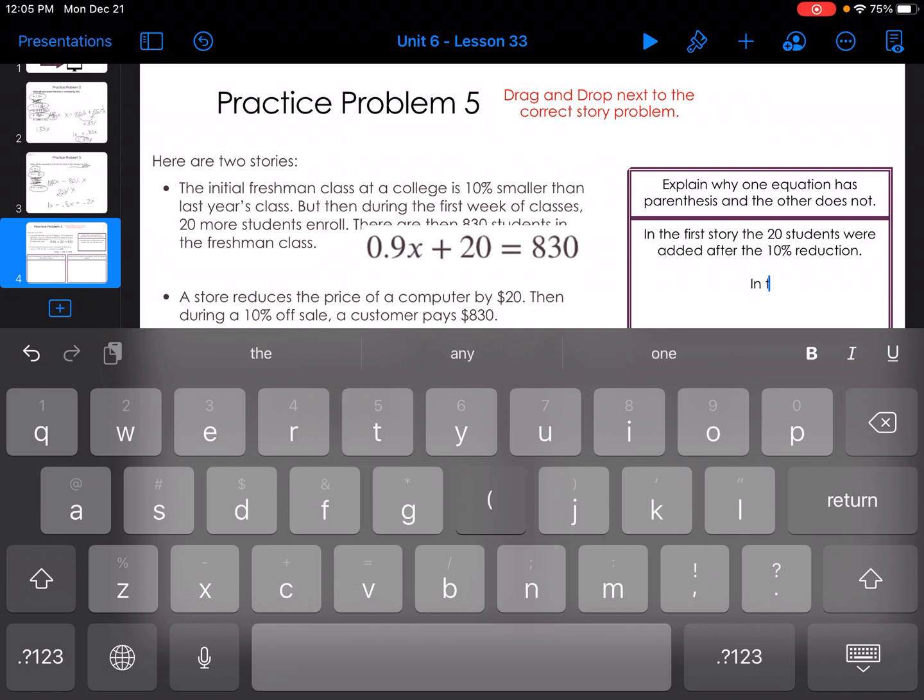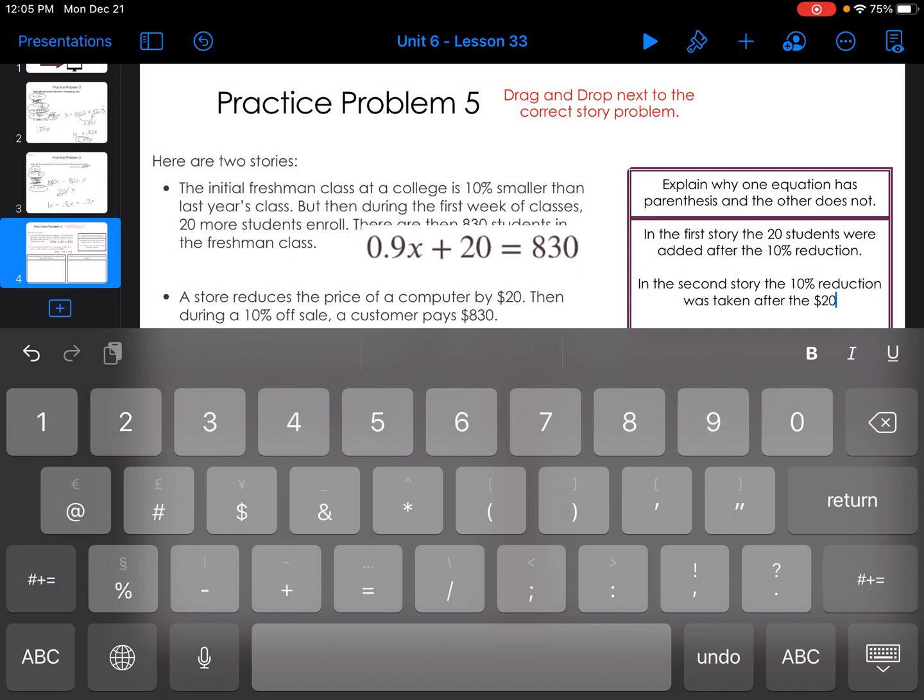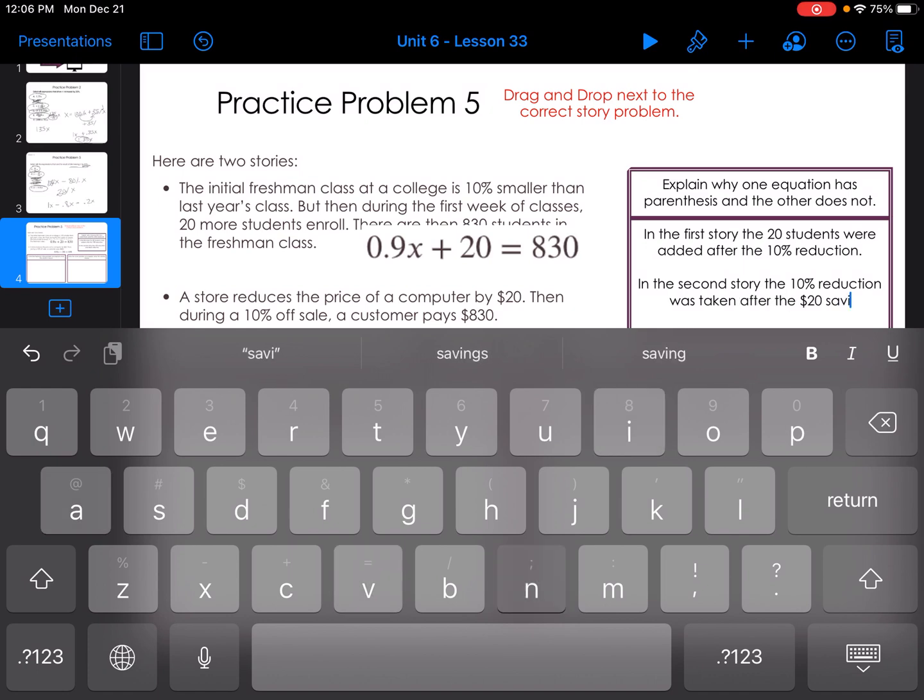In the second story, the 10% reduction was taken after the $20 savings. So you have to think what happened first.